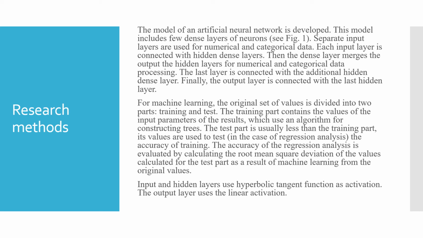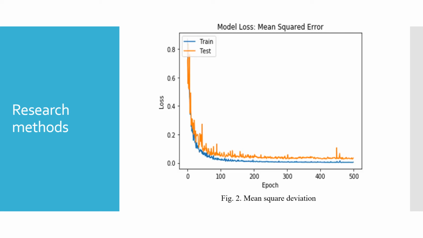Input and hidden layers use hyperbolic tangent function as activation. The output layer uses the linear activation. Second picture shows loss function for both train and test sets. The mean absolute percentage error of the model is approximately 20%.